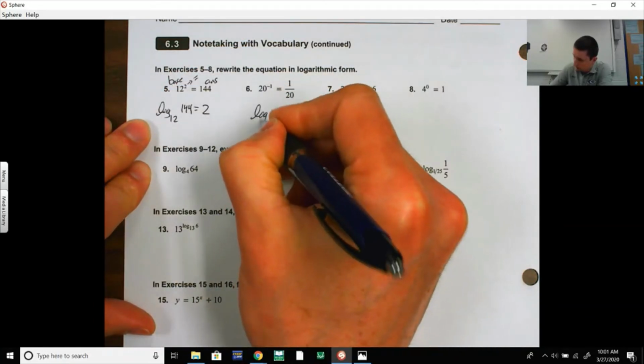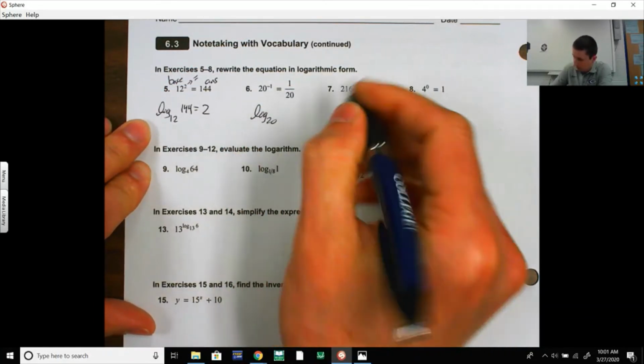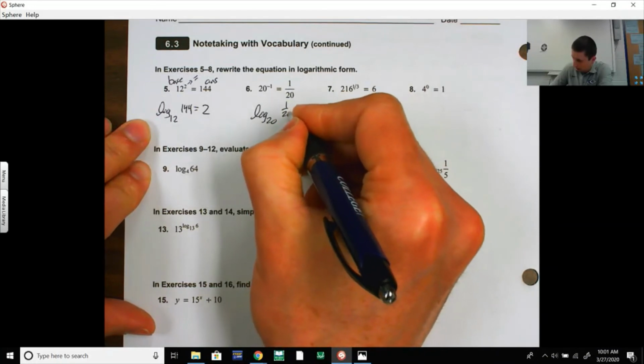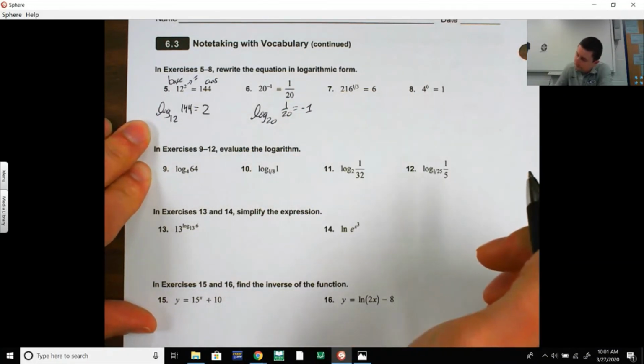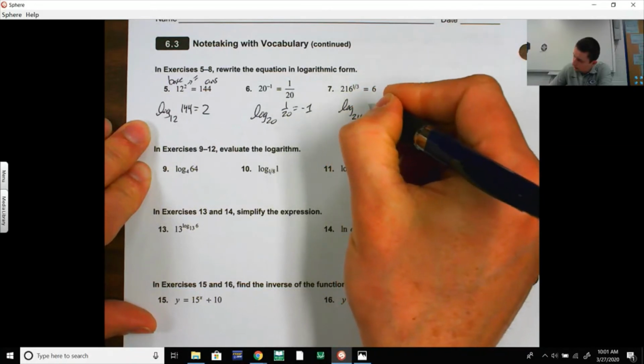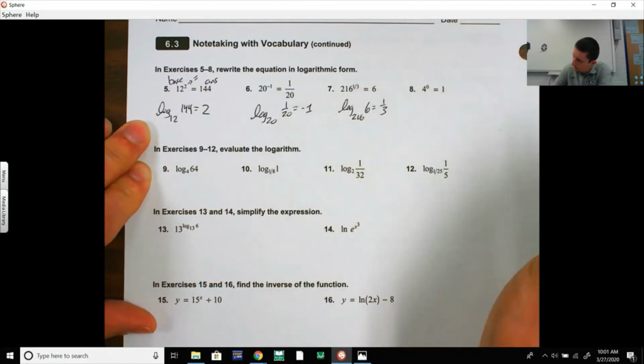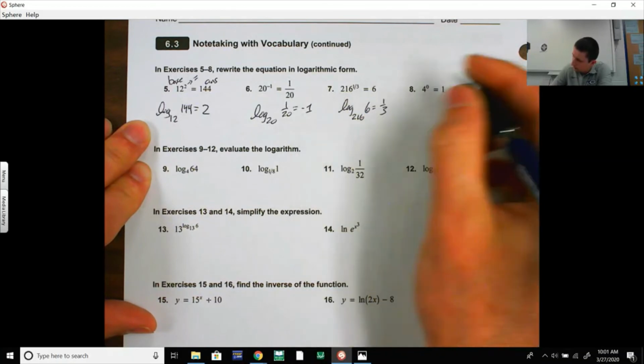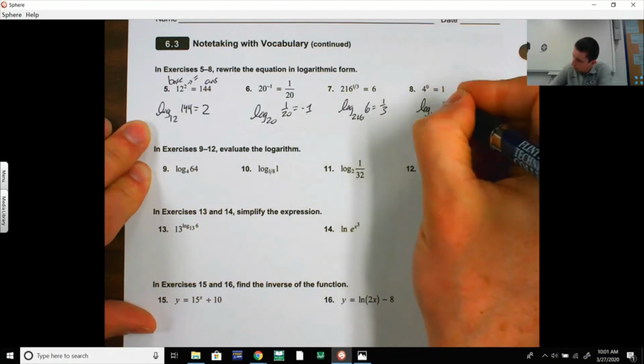So log base 20 of 1/20th equals -1. Log base 216 of 6 is 1/3, and log base 4 of 1 equals 0.